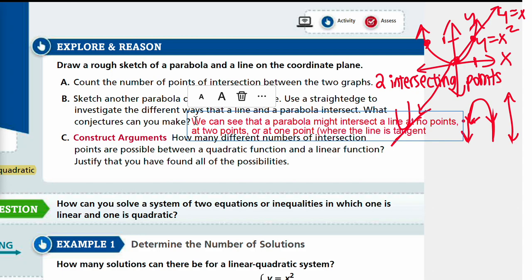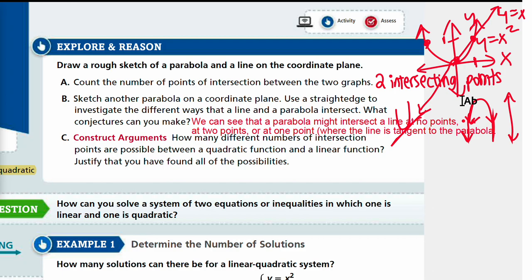It means it's right on the parabola. So there are 3 different types of solutions for a parabola and a line, just like the zeros of quadratics. It's the same kind of idea.